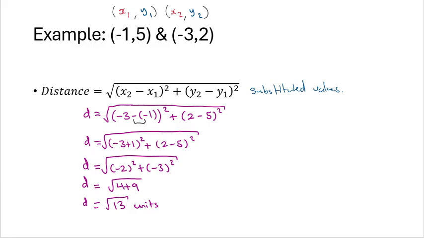If you square both of them, -2 squared is -2 times -2, which is positive 4. And -3 squared is -3 times -3, which equals positive 9. Then you end up with 4 plus 9, square root 13.